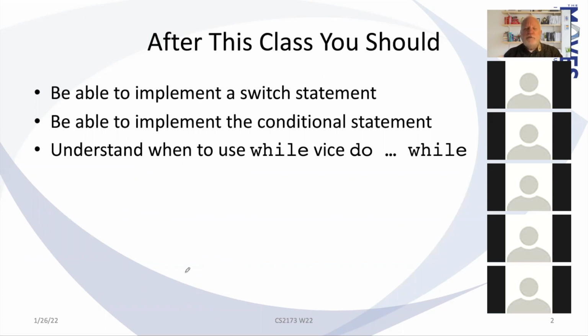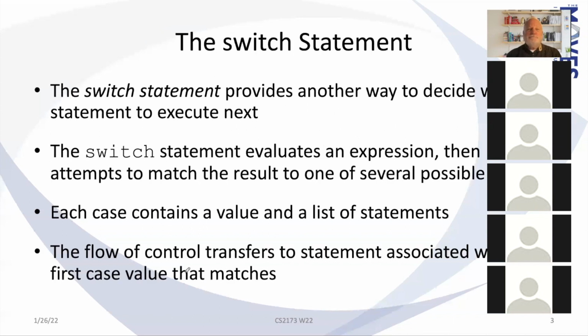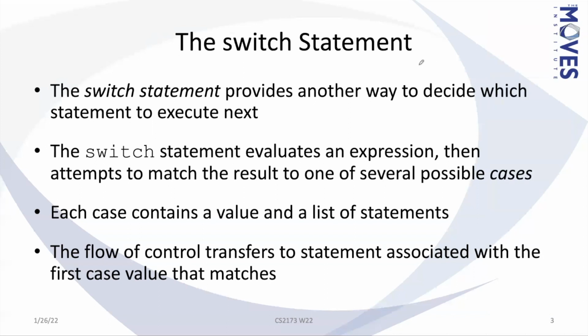In other words, the do while loop is always executed once and maybe more, whereas the while loop will only be executed 0 times if the initial condition is false. But let's move on to the switch statement first.